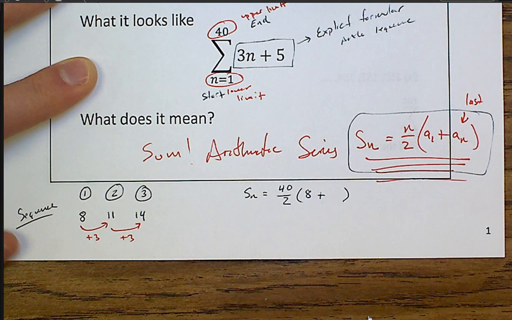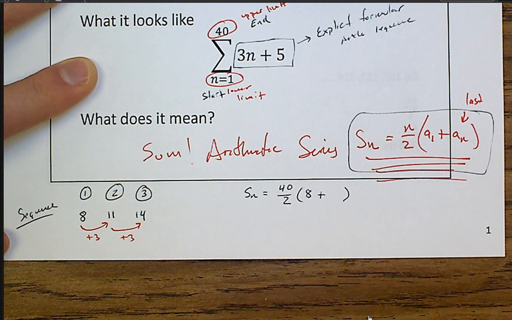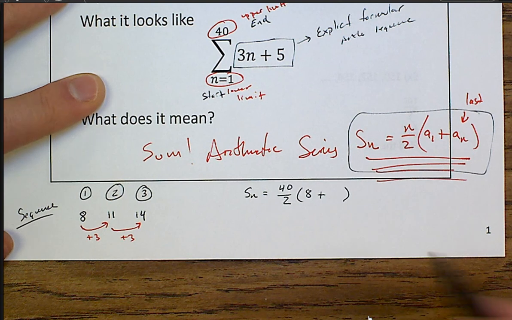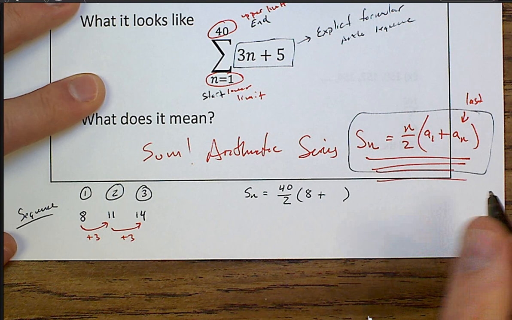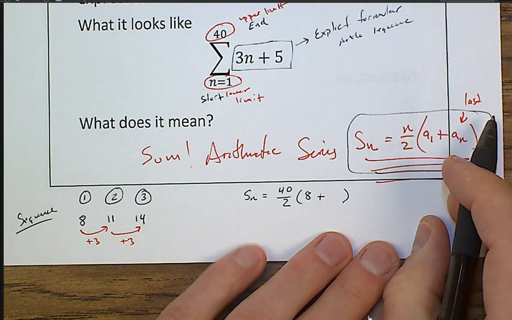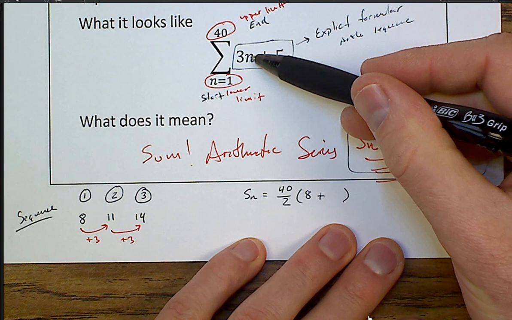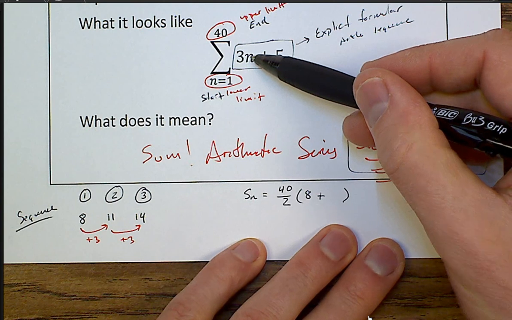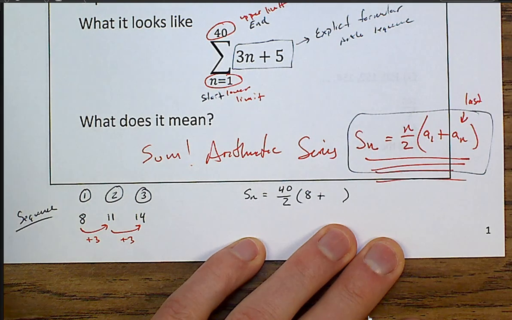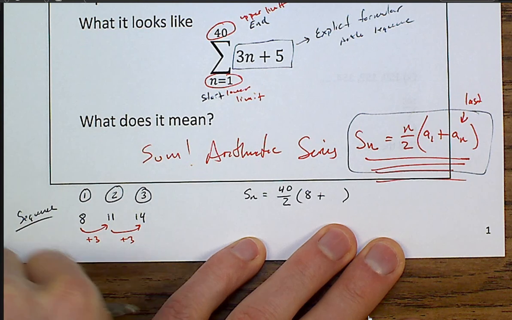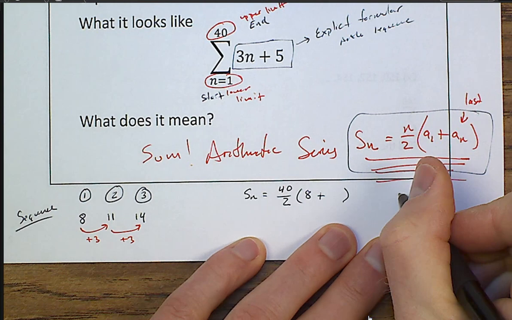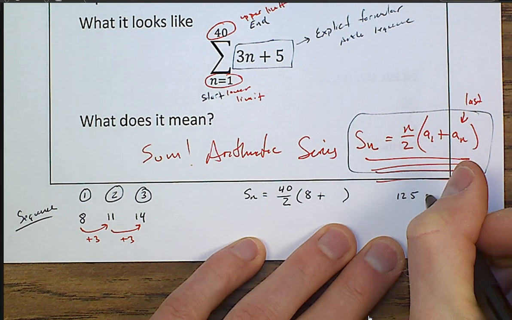So what does that mean? That means we've got to find out what the 40th term is. How do we do that? We plug 40 into the explicit formula. So 3 times 40 equals 120, add 5, so 125. So 125 is my 40th term.